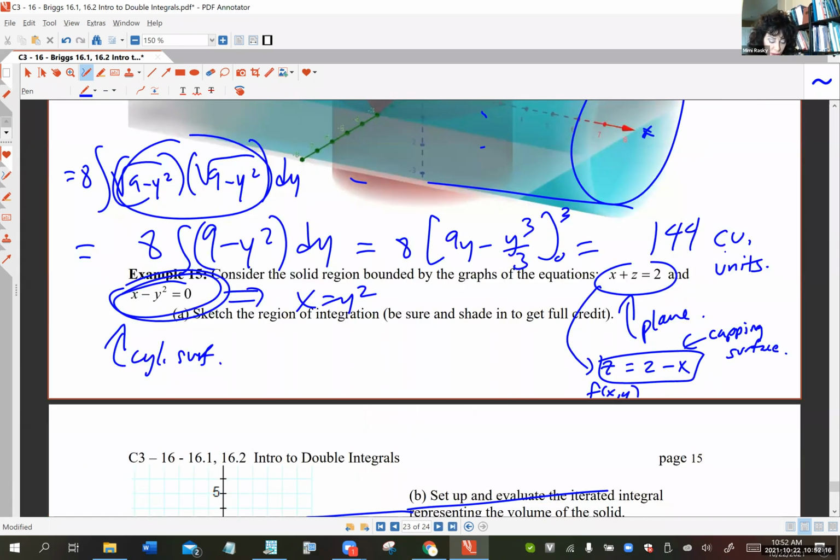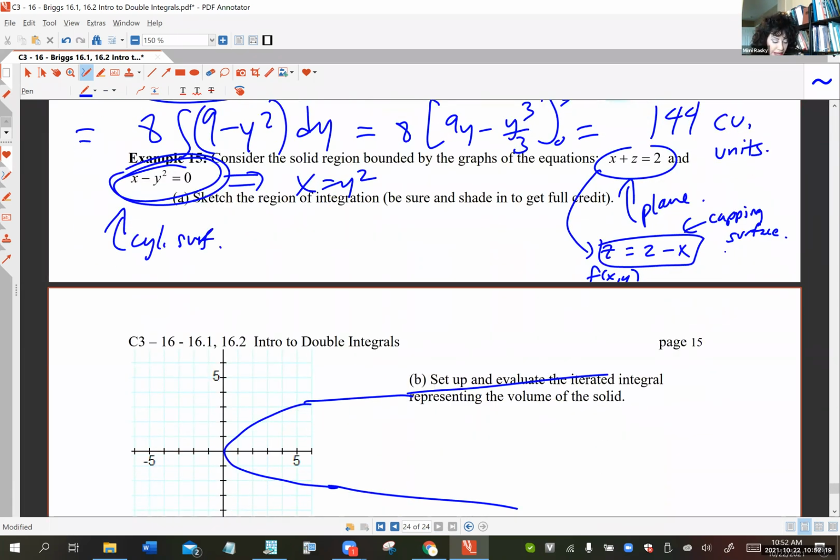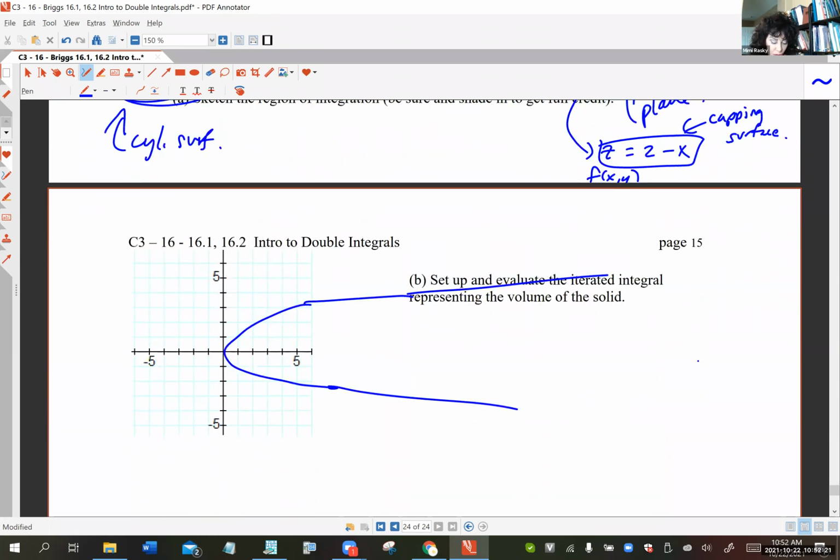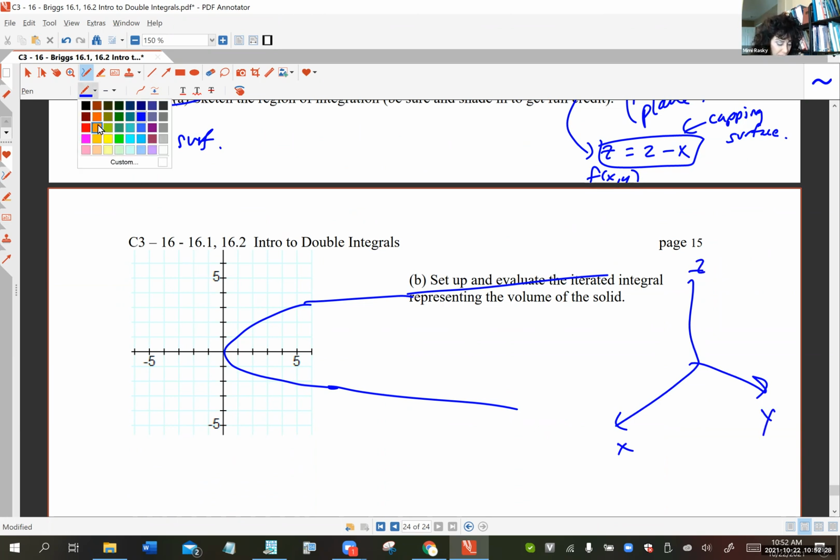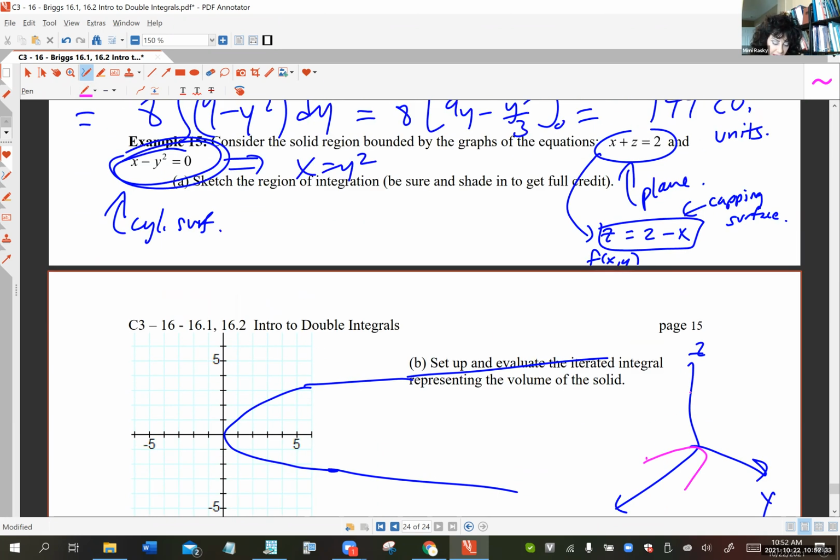And then the capping surface is just going to be hovering above that in some way. I mean, if you wanted to draw this in 3D, you could. You'd have the base of your solid opening up in the positive x-axis like that. And then this capping surface, so you see that plane, this portion of the plane that I drew?